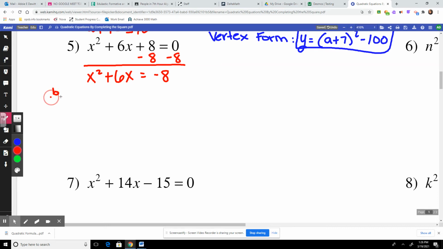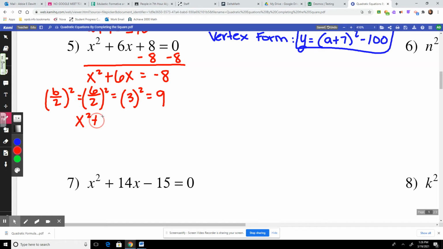I'm going to do b divided by 2 squared to figure out what I need to add to both sides. B is 6. 6 divided by 2 is 3 squared. 3 squared is 9. So I need to add 9 to both sides.